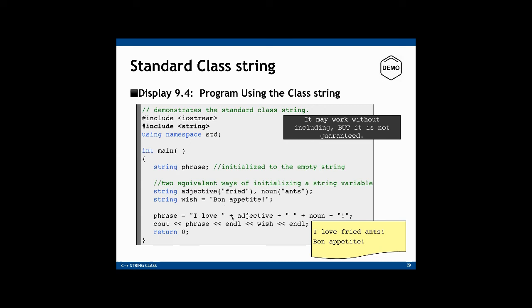And the plus operator is overloaded in a way that it can process both C string and string class type values. So you can mix C string and string class with the plus operator when you are dealing with this one.